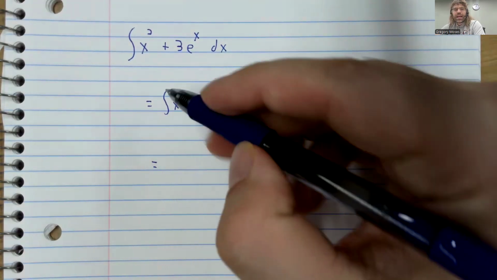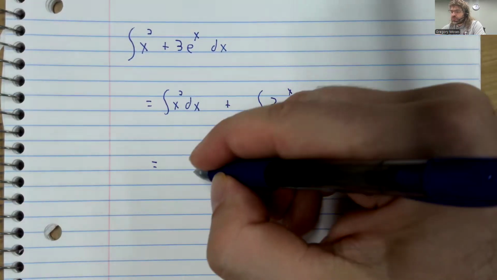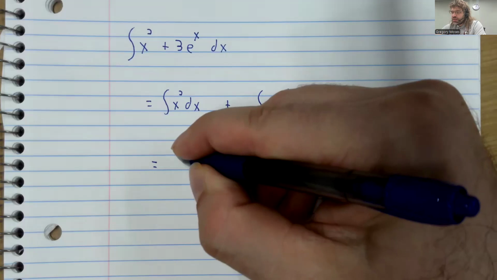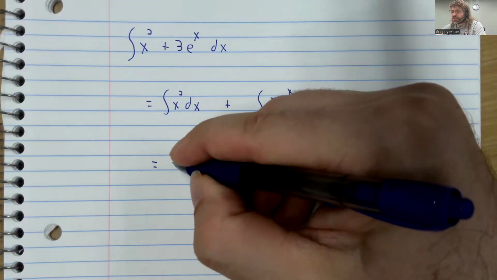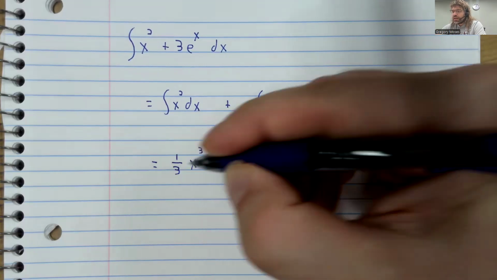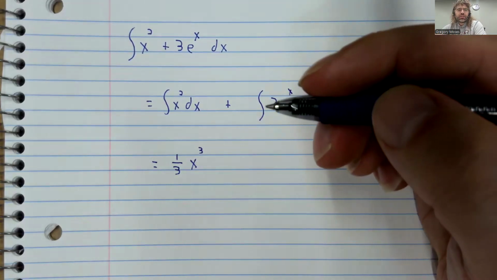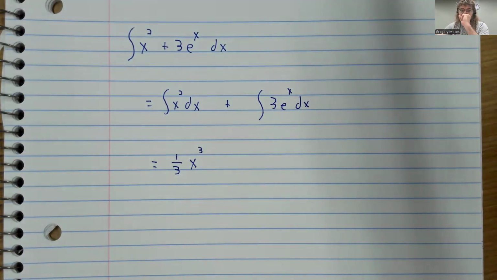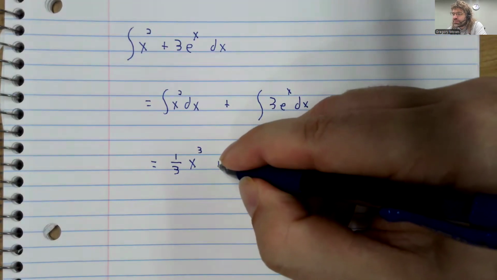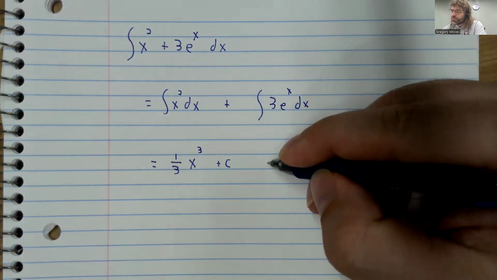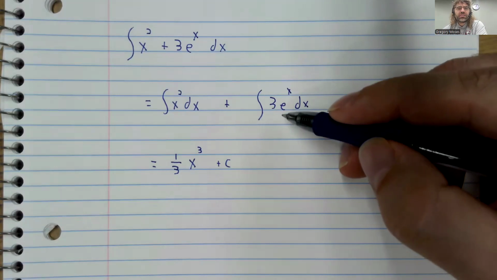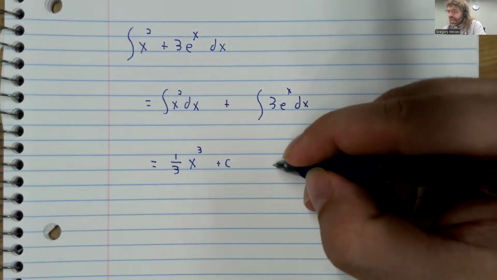To integrate a power, to integrate x squared, we increase the power by 1, so x cubed, and then we divide by it. 1/3 x cubed. And according to everything I've said, we ought to have a constant of integration. Now go over to the next integral, 3e to the x.